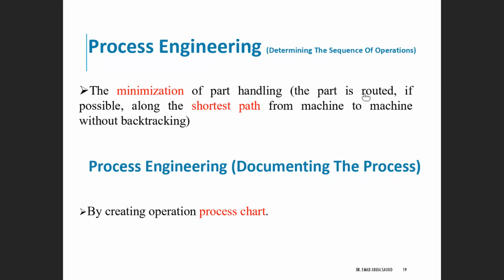If the part is routed, meaning the part moves from place to place, we try to minimize it and find the shortest path to do your process. The shortest path also can be done using tools like critical path. So you know which steps have to be before other steps, like prerequisites for courses. When you take this course, Introduction to IE, you should have completed math and engineering design, let's say.